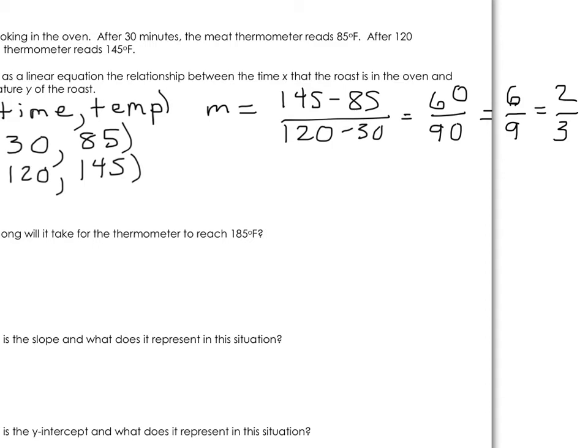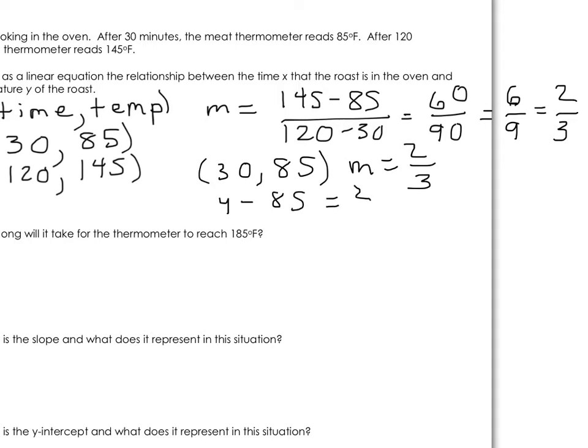Now we need to choose one of our 2 points. It doesn't matter which one. Let's choose that (30, 85). And we use our slope of 2/3. And we can find the equation using our point slope formula. So we have y minus 85 equals 2/3 times x minus 30.